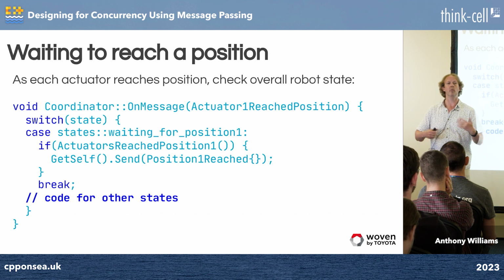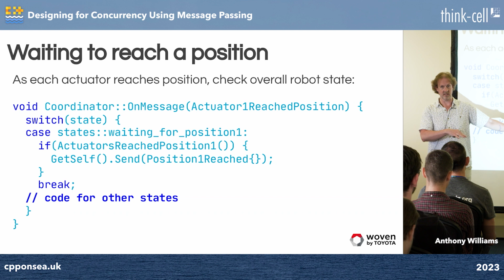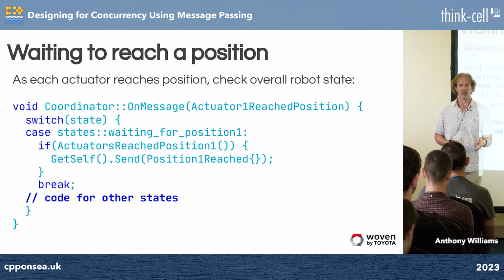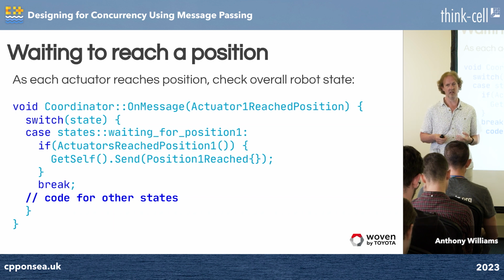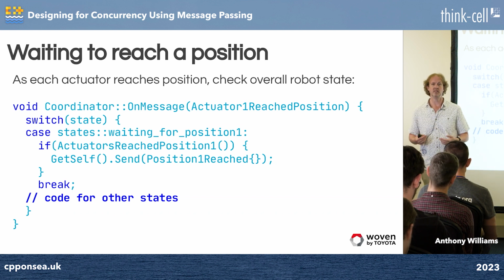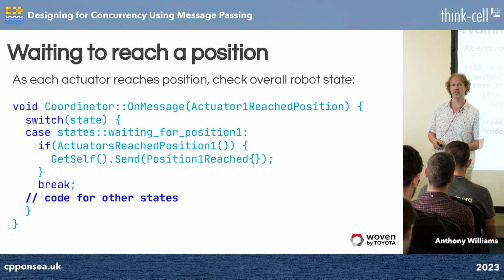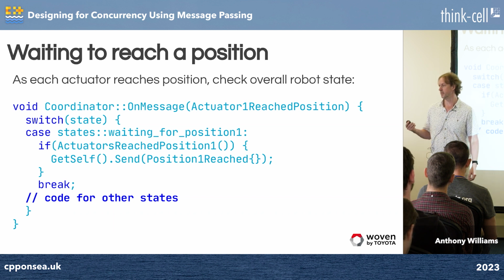But as things get more complicated, you're going to start reaching for state machine libraries. But again, it's still single-threaded state machine stuff. The fact that the events are triggered by messages is just an implementation detail and is easily wrapped up to go with whatever state machine library you use internally.